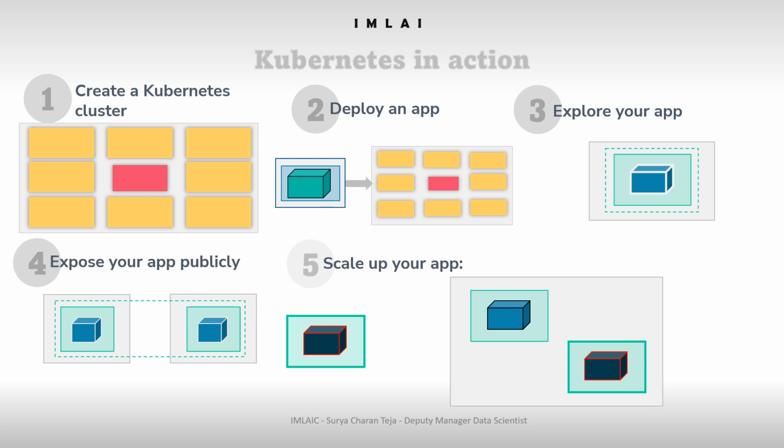Then, scaling an application. In the previous step, expose your app publicly, we discussed the replica and also the service. In previous steps we created a deployment and then exposed it publicly via a service.